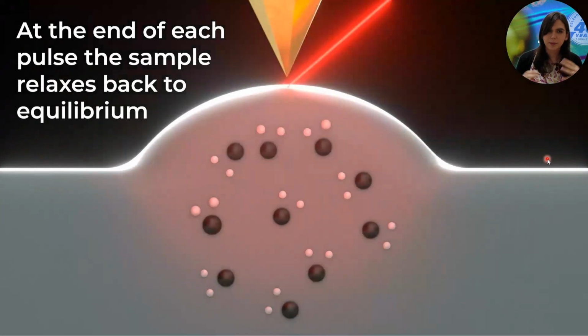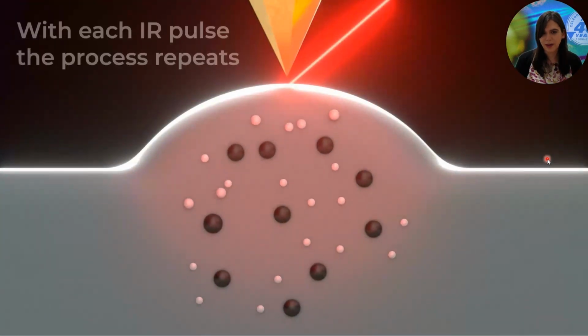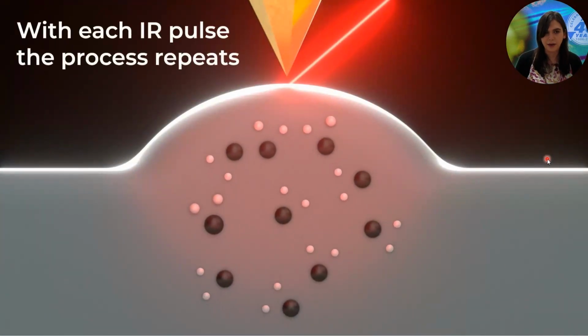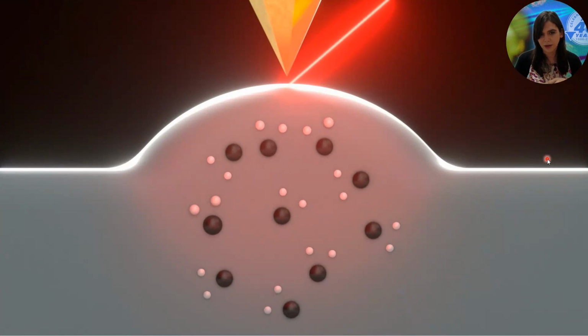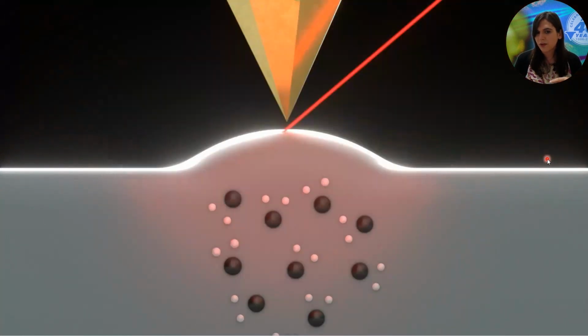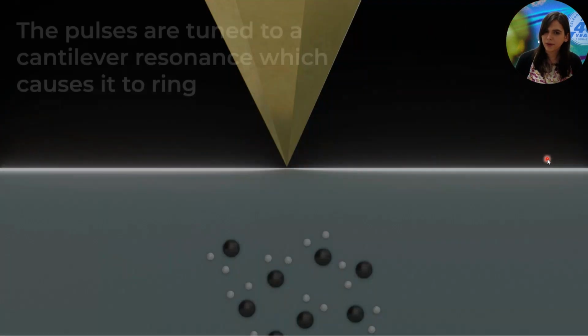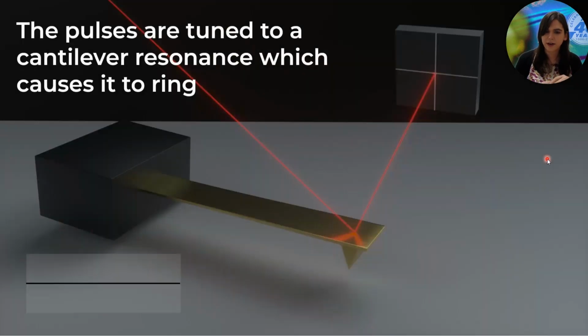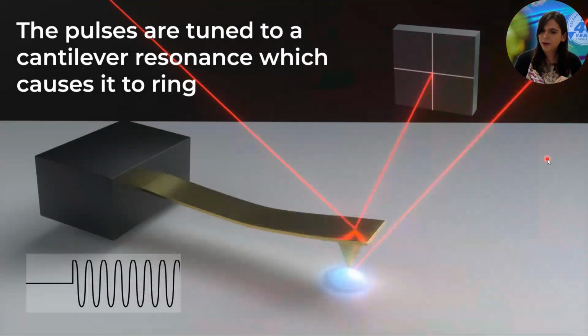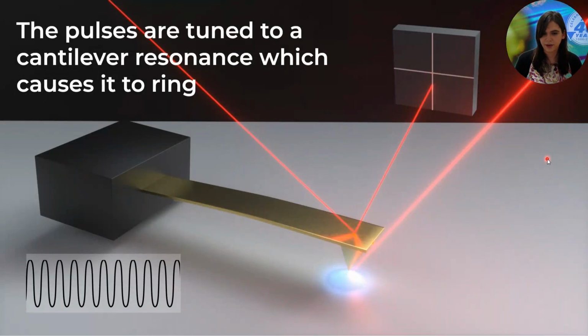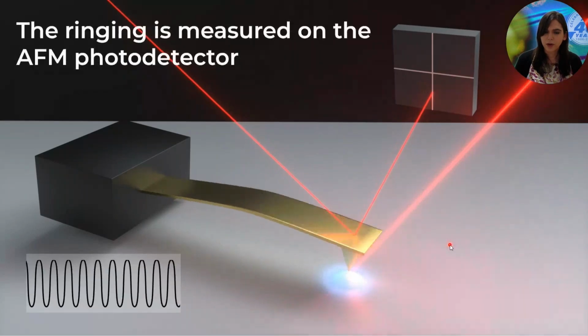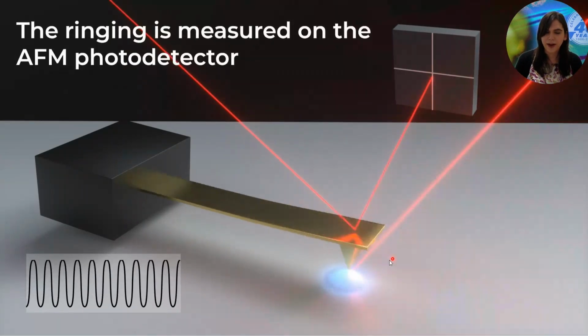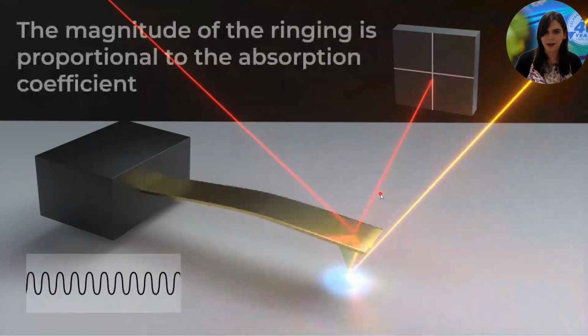With each pulse, the sample will then relax back to equilibrium, and then the next arriving pulse will cause this process to repeat. We will then use the mechanical amplification, that Q factor of the cantilever, and pulse at the resonance frequency of the cantilever, which will cause the sample to vibrate and then the cantilever to ring.